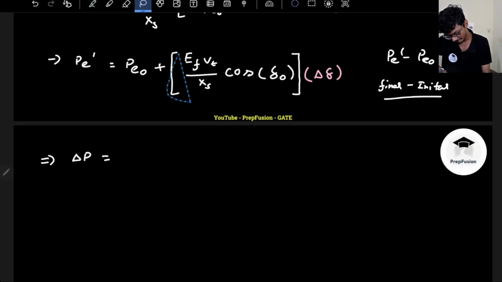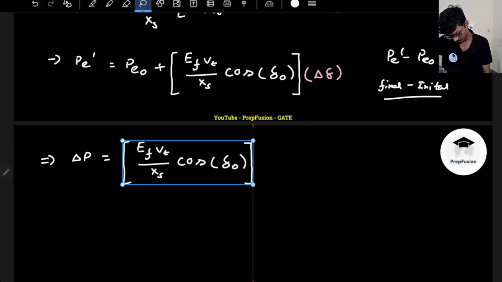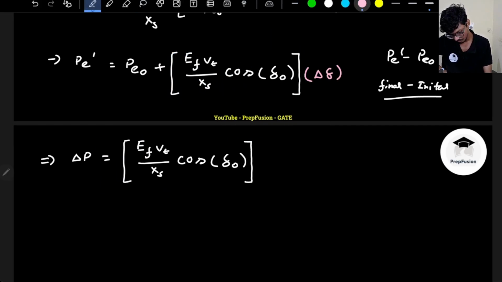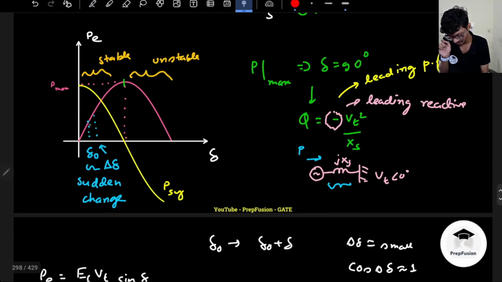This value I will copy into delta del. So this much amount of power change needs to be produced. Who will produce this? Basically when there is a certain disturbance, if I change the rotor angle suddenly, this much amount of extra power needs to be generated, right?